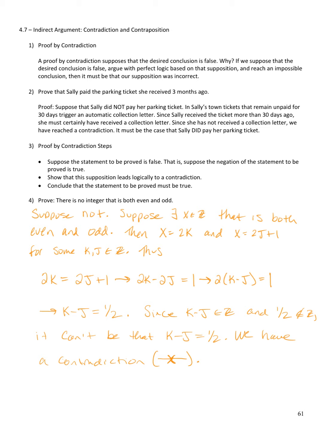That was part of our supposition, that the sum of a rational and an irrational is rational. So I'm going to say that A over B plus S also equals a rational number C over D, for C and D in the integers and D non-zero.